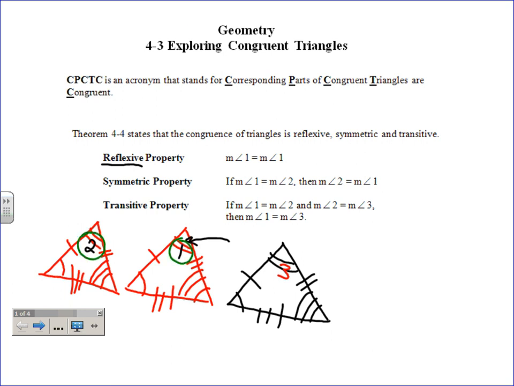Angles 1 and 2 are equal, right? And I know 2 and 3 are equal. What else can you tell me? Basically that, yes. Don't 1 and 3 also have to be equal? I mean, if that's the way it goes.